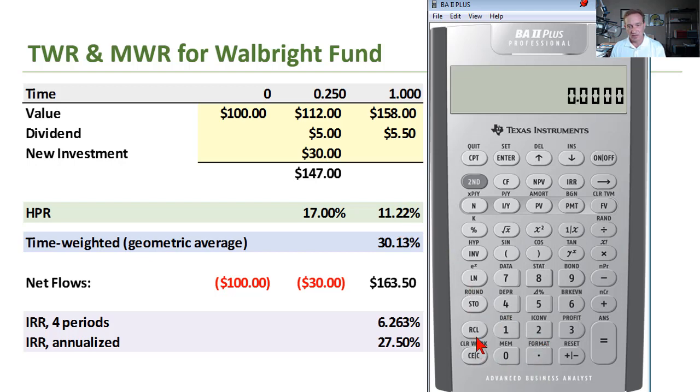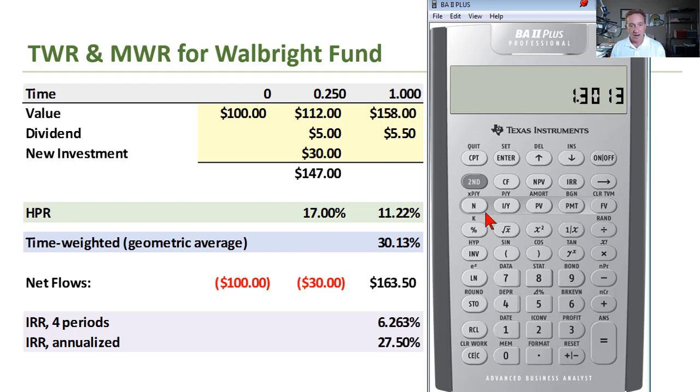which I will then store in number 2. And so then I'll come back, recall my 1 plus 17% holding period return, multiply by recall 2, 1 plus my 11.22% holding period return, equals 1.30. And then what about raising to the power or annualizing?